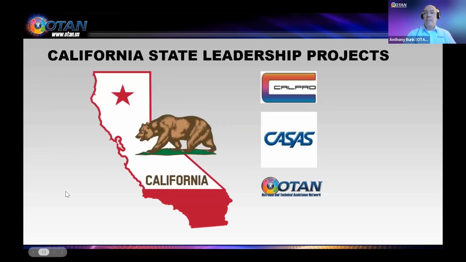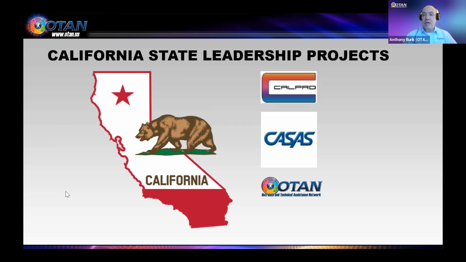So just a word about my organization, OTAN. We know that across the United States, adult education is organized very differently state to state. In California, OTAN is one of three state leadership projects that support adult education. OTAN focuses on technology training for adult educators around the state.